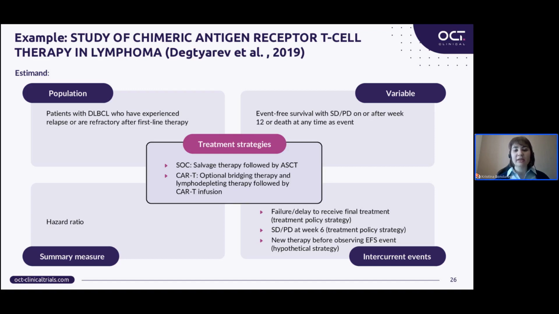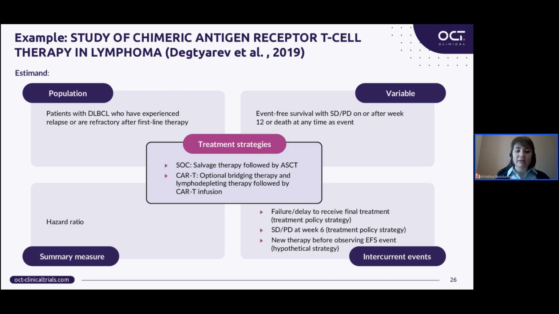This also is in agreement with clinical practice, where not all the patients will receive all the components of the treatment. Consistent with the definition of the treatment, the population of interest includes all patients eligible to receive either CAR T or standard of care treatment strategies as specified by inclusion and exclusion criteria.